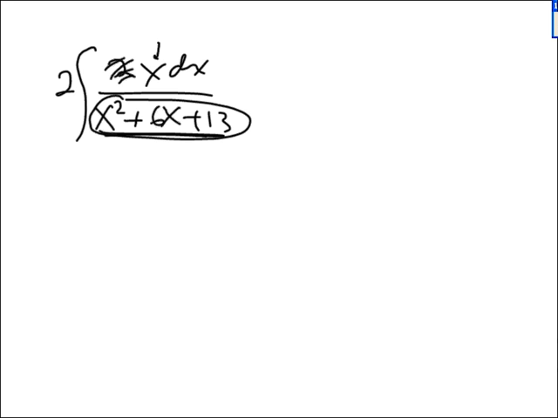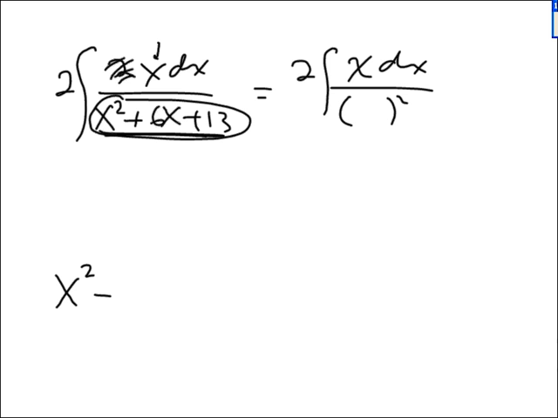So what we're going to do here is complete the square on the bottom. The 2 is factored out, the top is x dx, and the bottom is going to be something squared plus or minus some number. X squared plus 6x plus 13.